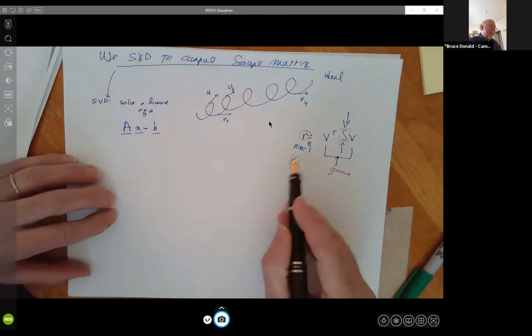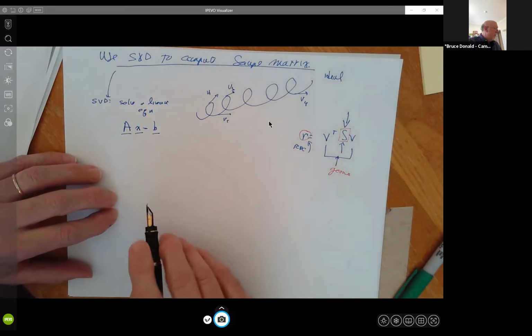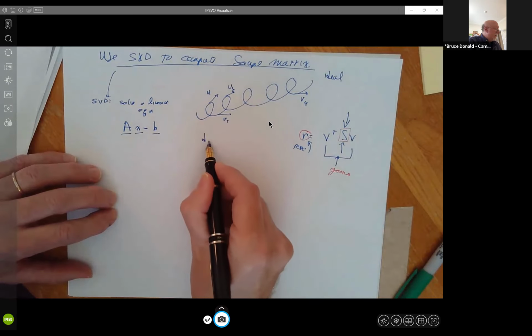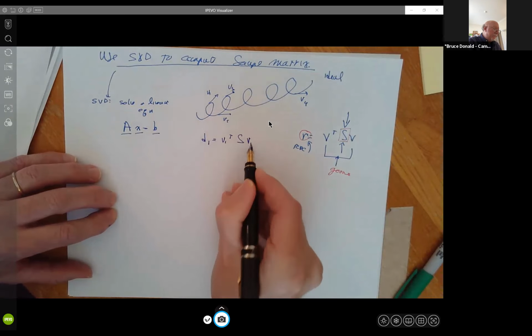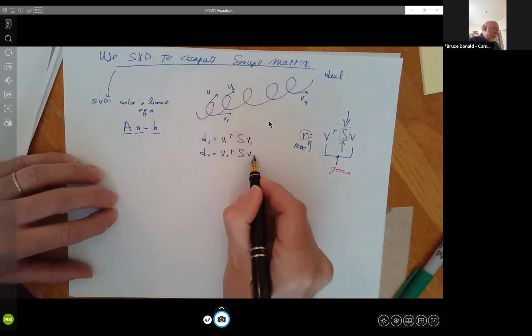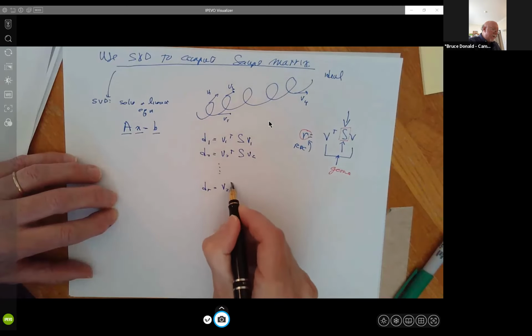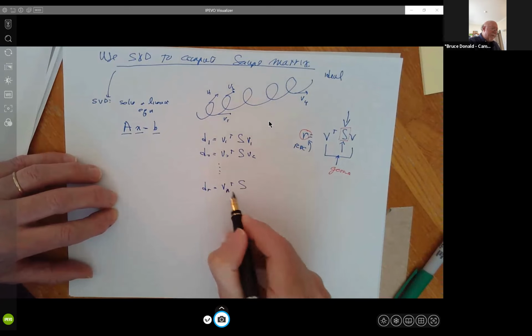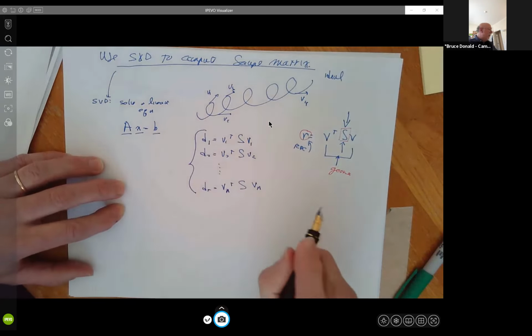Suppose in this situation here, I've measured a bunch of dipolar couplings, and I know a bunch of bond vectors. Then I can set up a system that looks like this. D1 equals V1 transpose SV1. D2 equals V2 transpose SV2, all the way down to Dn equals Vn transpose SVn. So I have a system of equations like this.